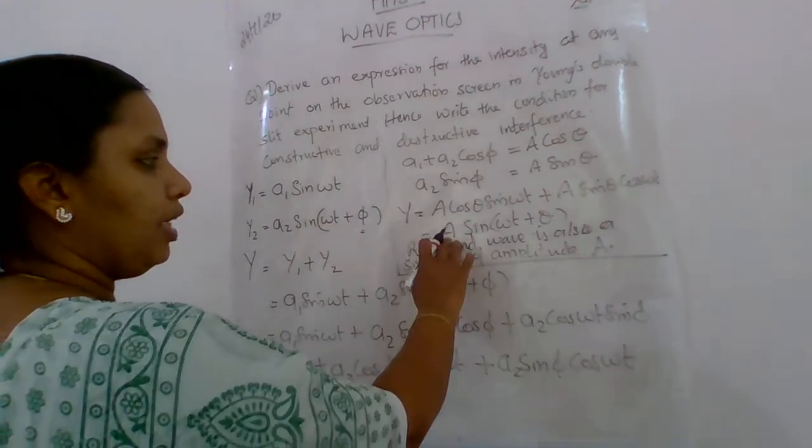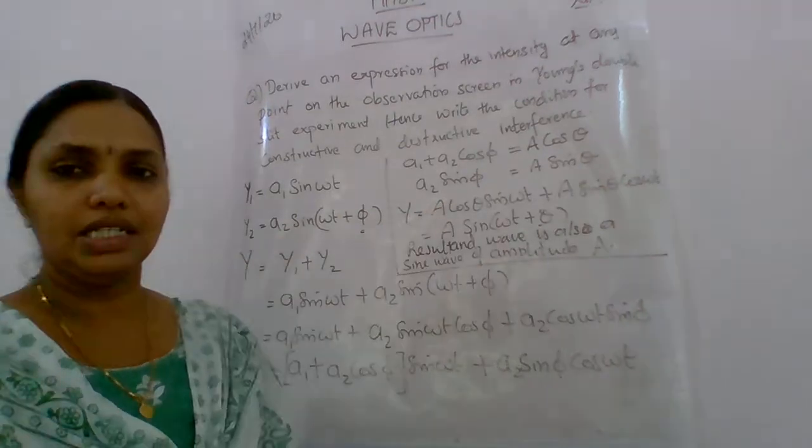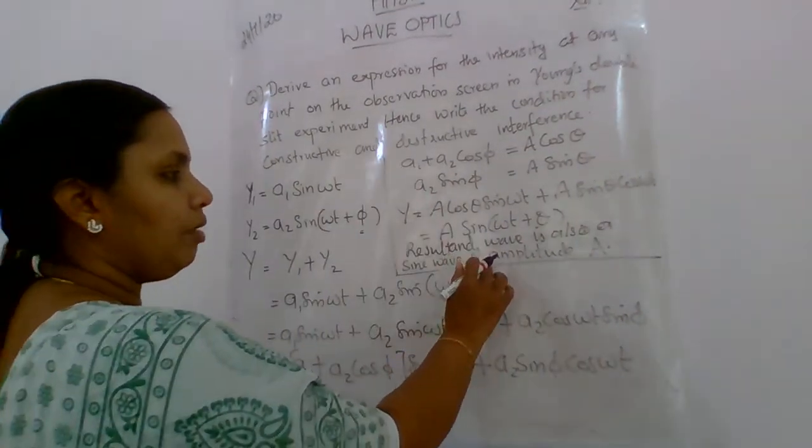Now we have to get the expression for this A, and we have to define what this theta is. So you write down the question and write up to this.